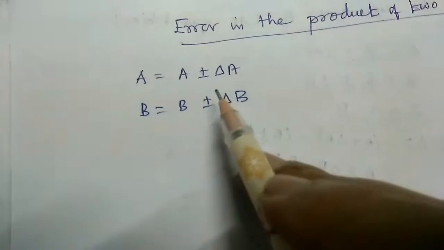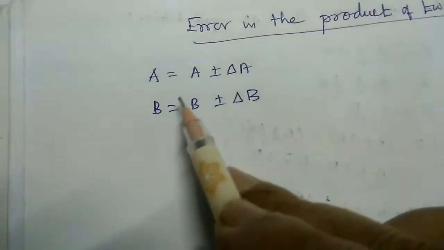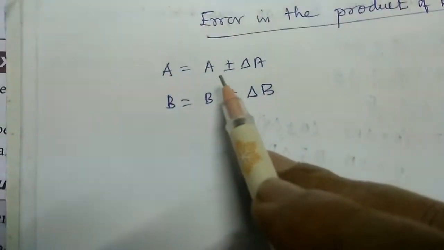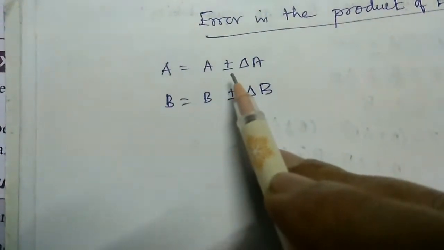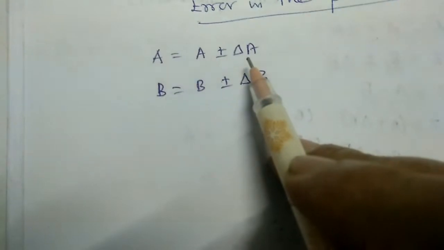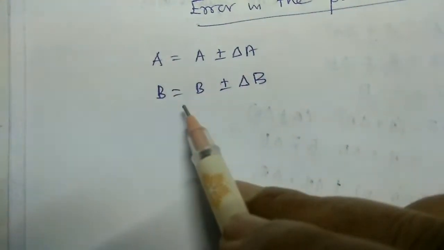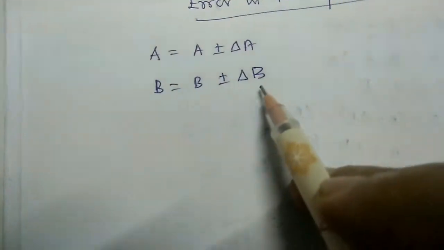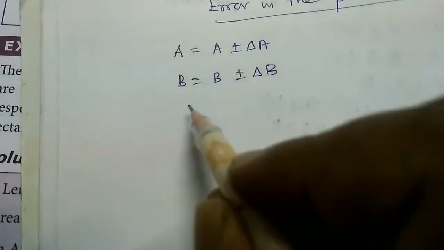Let me take two quantities, one is A and another one is B. A equals A, the true value, the measured value, plus or minus the absolute error. And B, the true value plus or minus the absolute error.